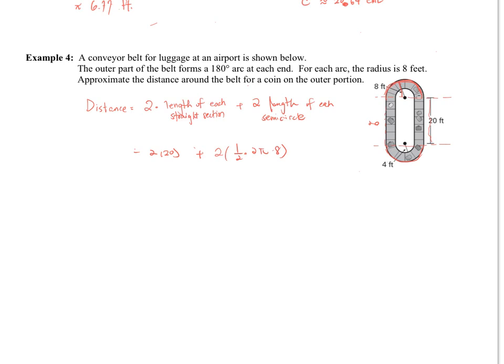So I can cancel a pair of 2's, and do 40 plus about 50.27 after you use a calculator, and this would be about 90.27 feet.